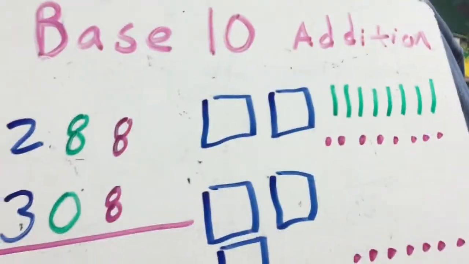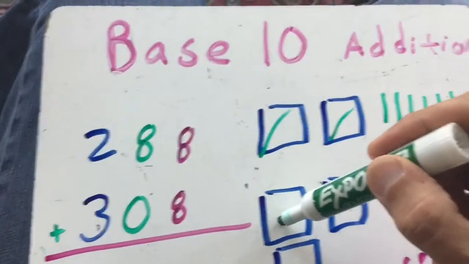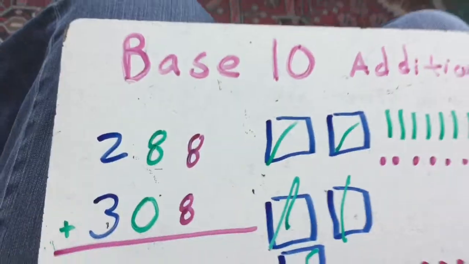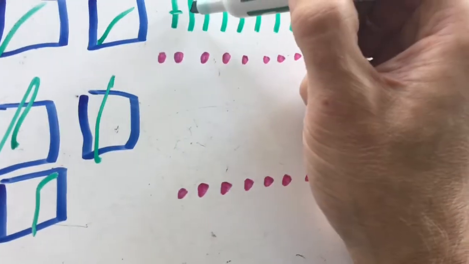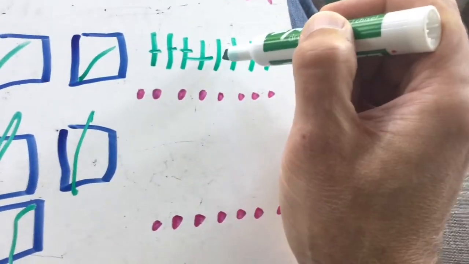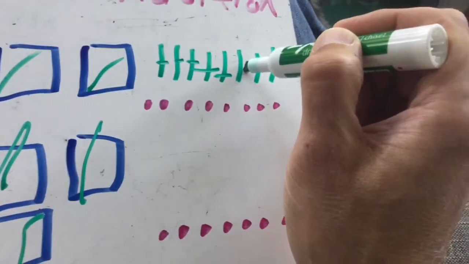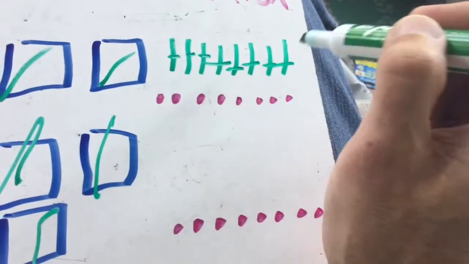Starting with your biggest unit. What's our biggest unit? Hundreds. 100, 200, 300, 400, 500. Okay, now I go to the tens. 510, 520, 530, 540, 550, 560, 570, 580.